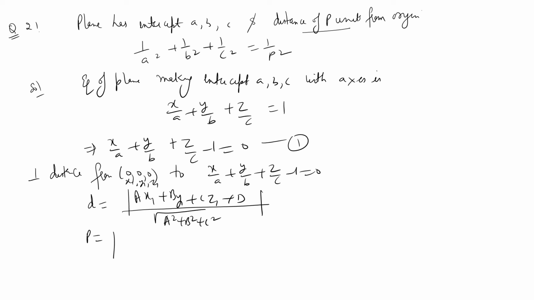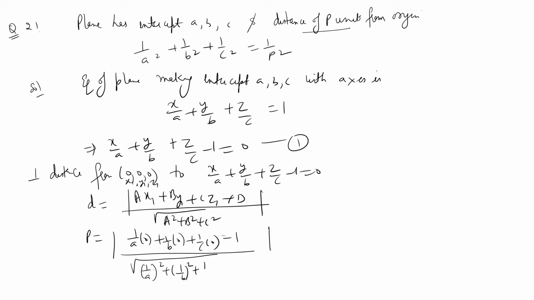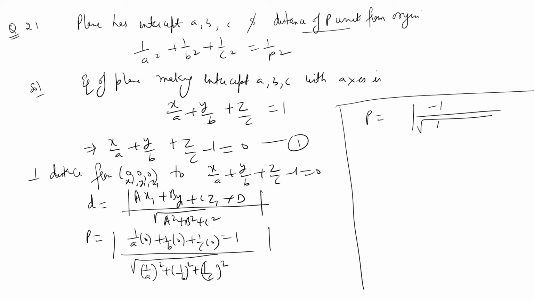So this is 1 upon a into 0 plus 1 upon b into 0 plus 1 upon c into 0 minus 1 upon, this is 1 upon a whole square plus 1 upon b whole square plus 1 upon c whole square. Okay, so this implies p here is minus 1 upon under root 1 upon a square plus 1 upon b square plus 1 upon c square.